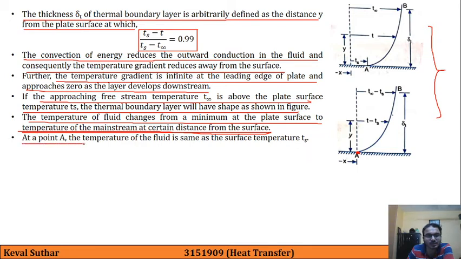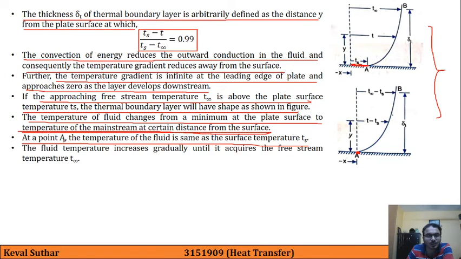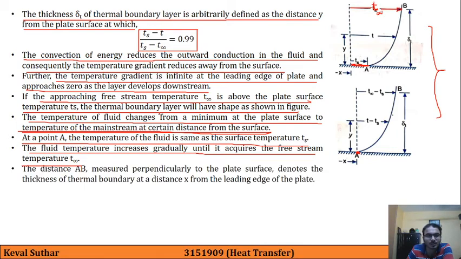At point A, the temperature of the fluid is the same as the surface temperature Ts, that you can see over here also, and the fluid temperature increases gradually until it acquires the free stream temperature T infinity, that is over here. So this is our T infinity. Now the distance AB, that is over here, this height.